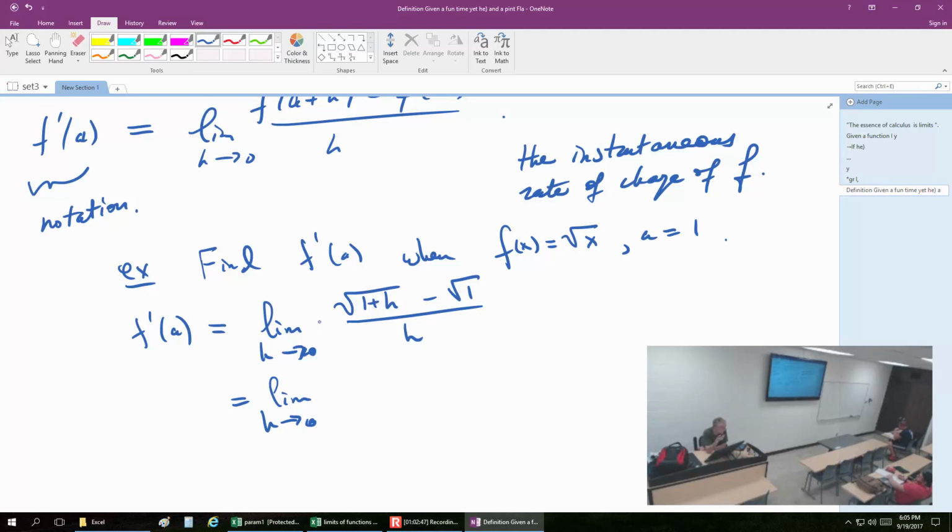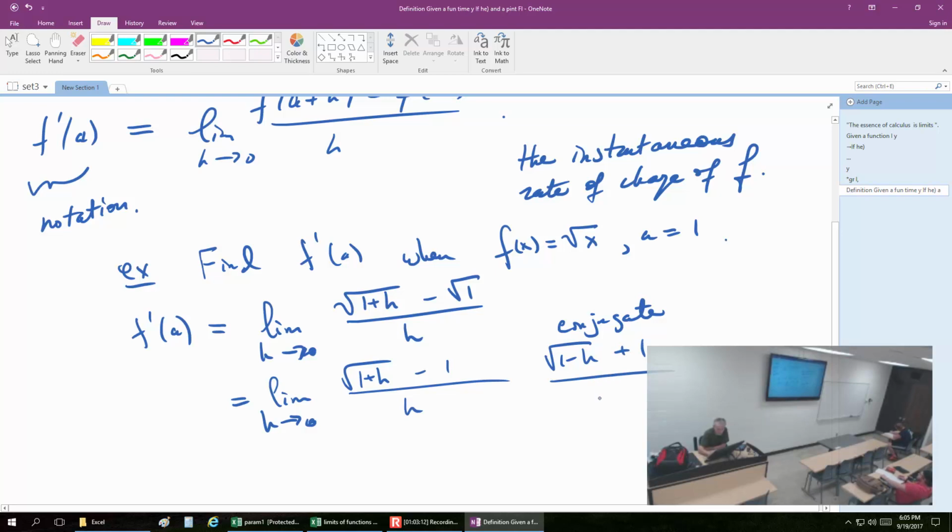There is a trick, if anybody knows the trick for how to simplify this. Divide and multiply by what we call the conjugate. So it's the same expression, but with the plus sign. What we're doing is the opposite of factoring.